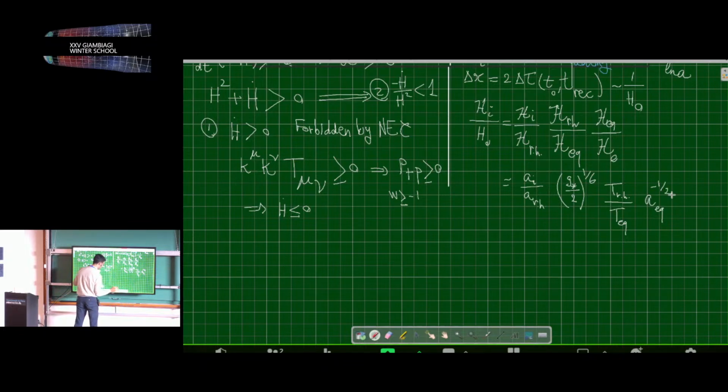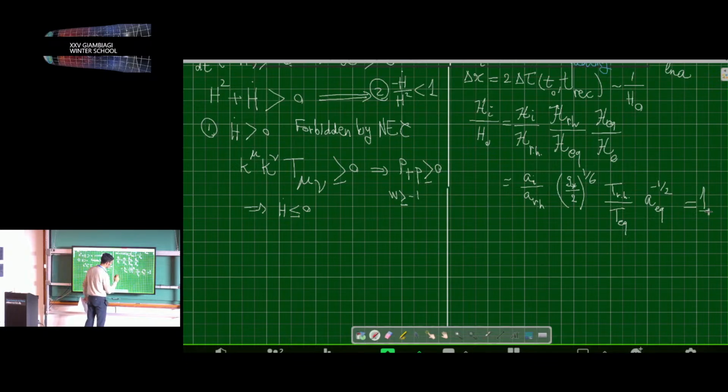We also define something called the number of e-folds during inflation. So let's set this to 1. That would be the moment that defines that initial time when this ratio becomes the same.